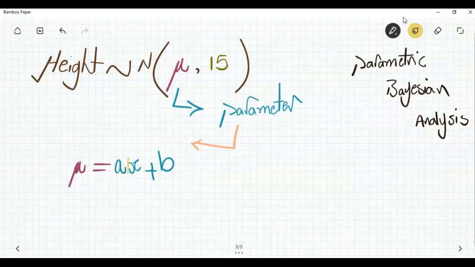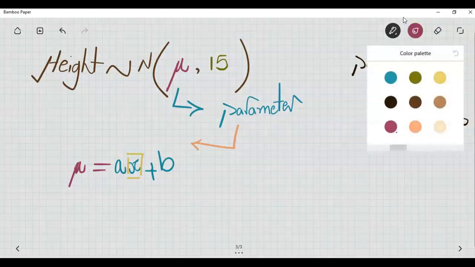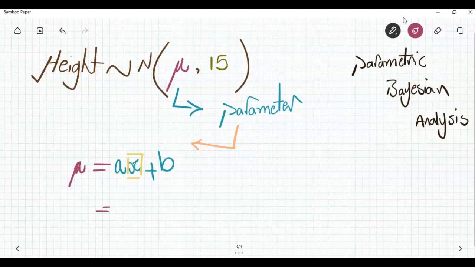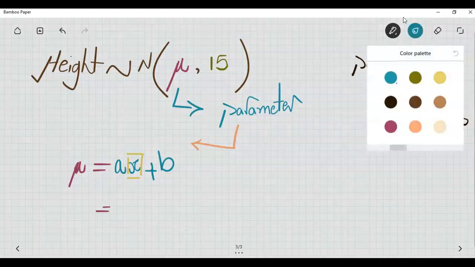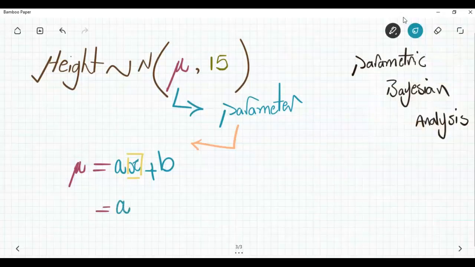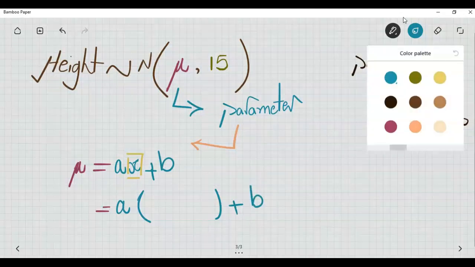As you have seen in the discussions that we had on the non-Bayesian analysis, the x here can represent the women's weight. Then we say that mu is going to be represented as a times the women's weight plus the intercept b.